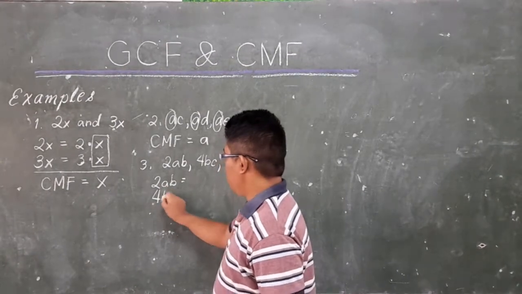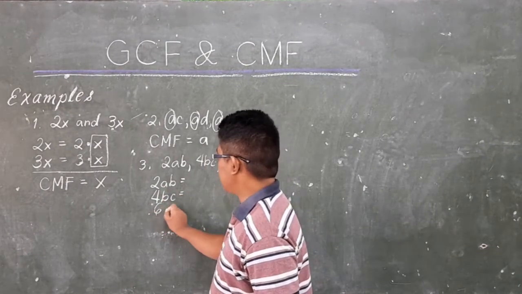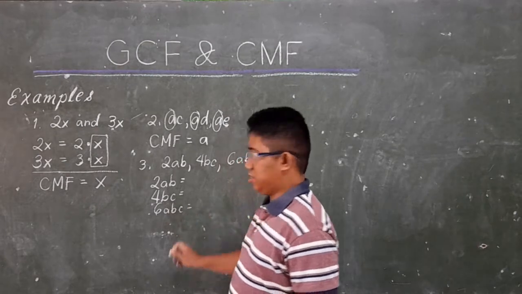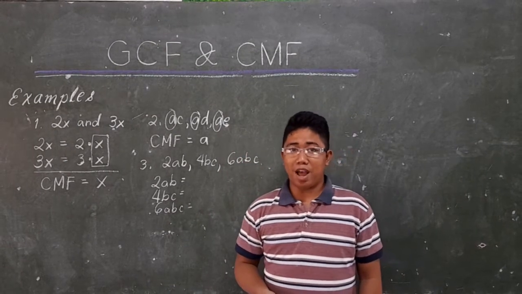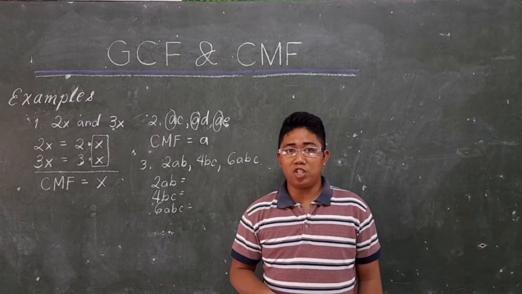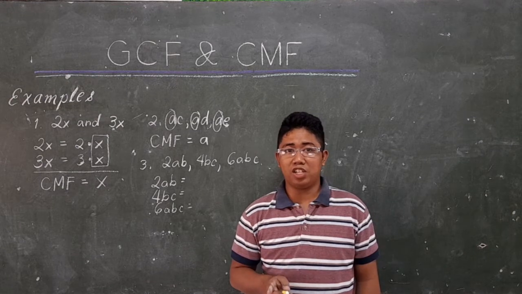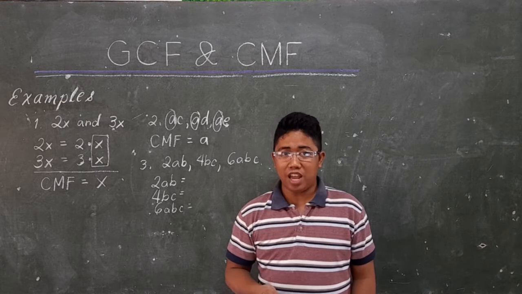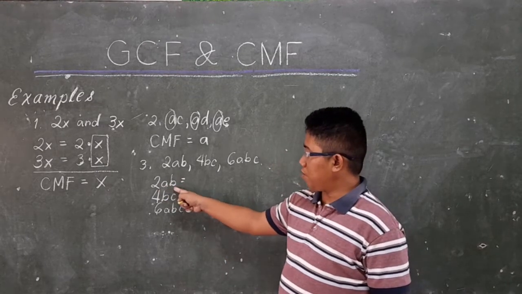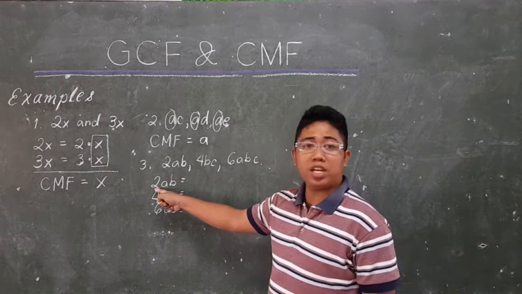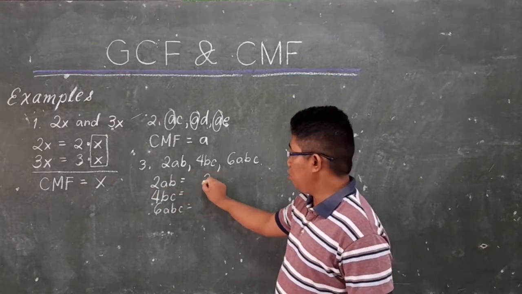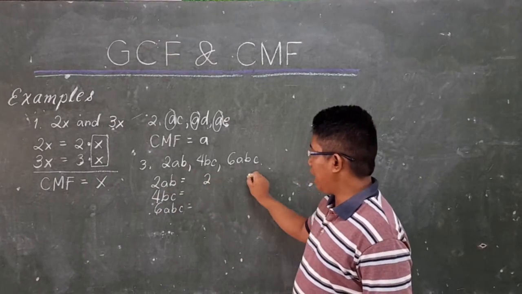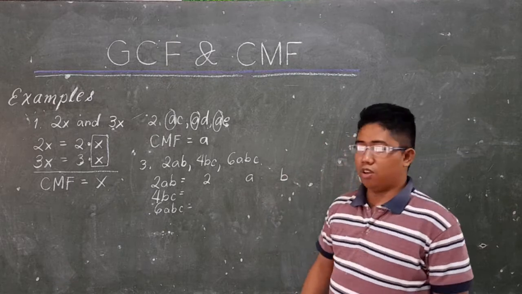This is the same process. We express them in prime factorization form if there is a numerical coefficient. So 2AB becomes only 2, which is a prime number, so it becomes 2 multiplied by A times B.